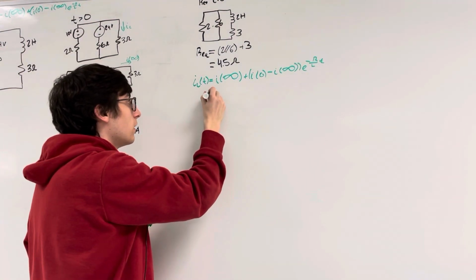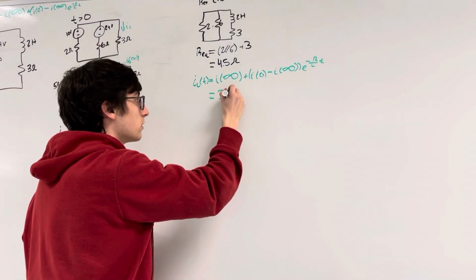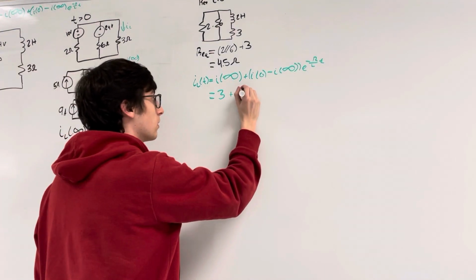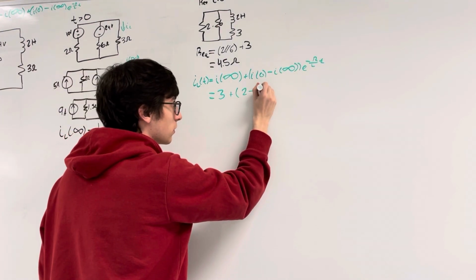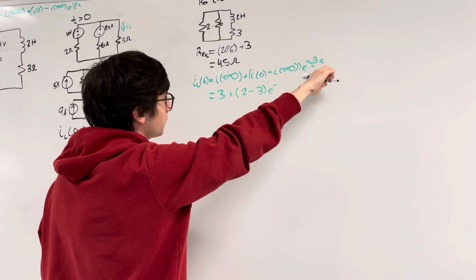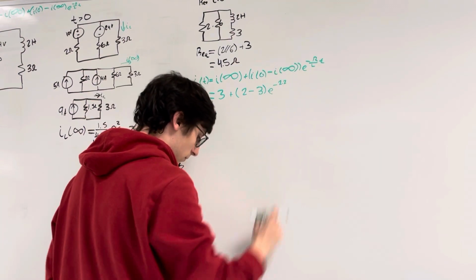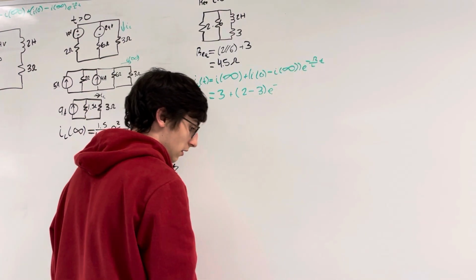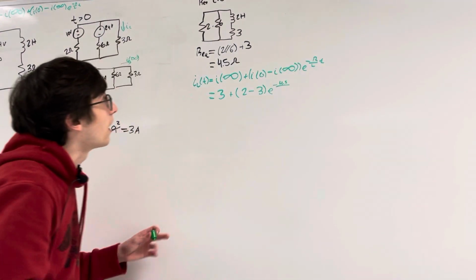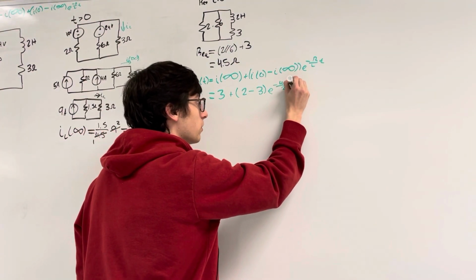So I of infinity, which we found was 3, plus I of 0, which we found over here was 2 amps, minus I infinity, which was 3 amps, times e to the negative Req, which was 4.5 ohms, over our inductance, which is 2 henries, times t.